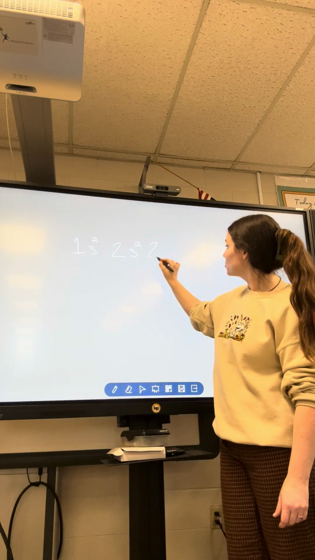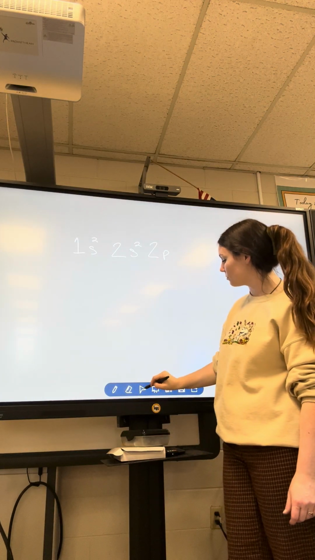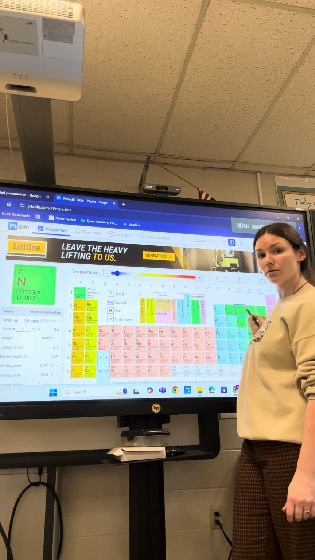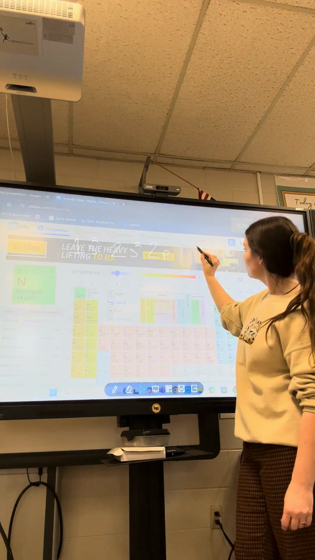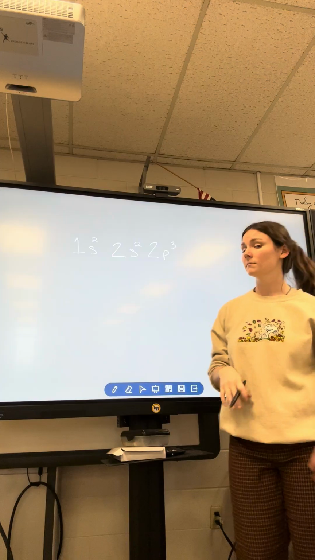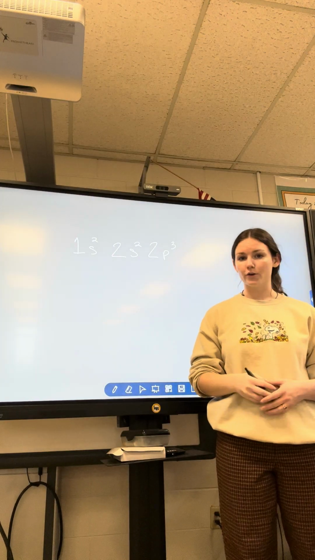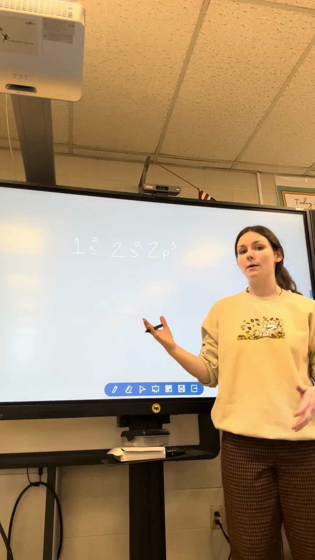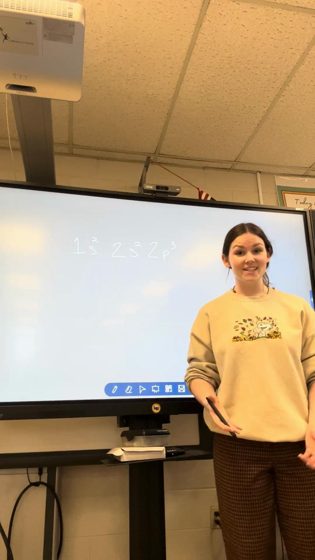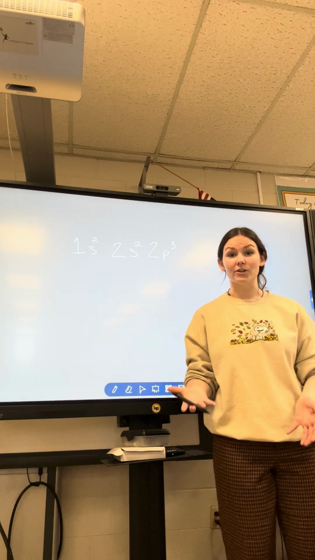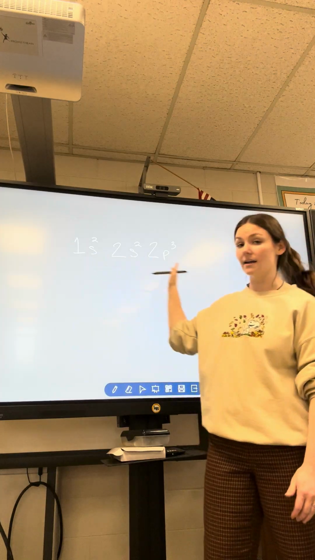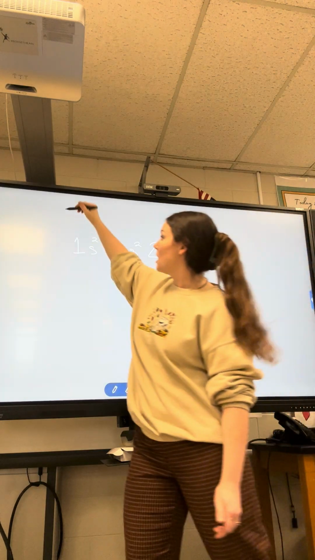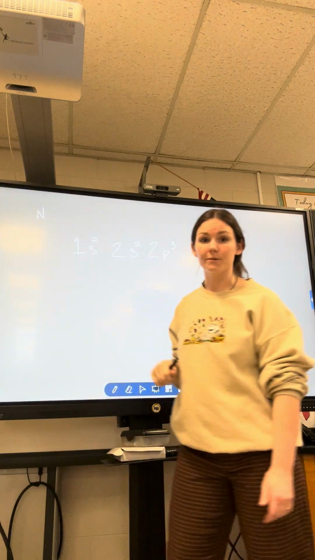And then 2p, let's double check that again. 1, 2, 3. 2p3. Whenever you're doing electron configuration, you're kind of reading the periodic table like a book, and then you just stop whenever you get to the atom that you're looking for. So this would be the electron configuration of nitrogen.